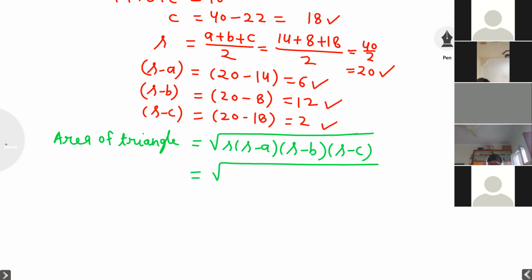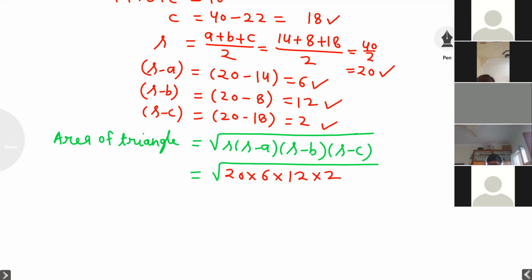The value of S is 20. S minus A is 6. S minus B is 12. S minus C is 2.